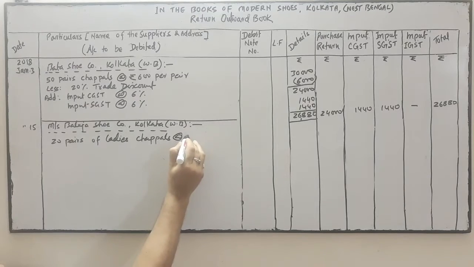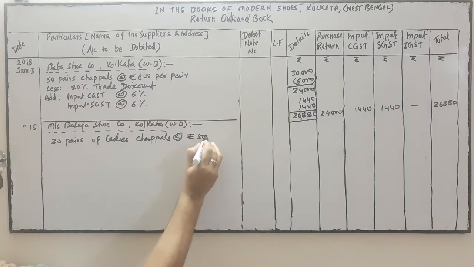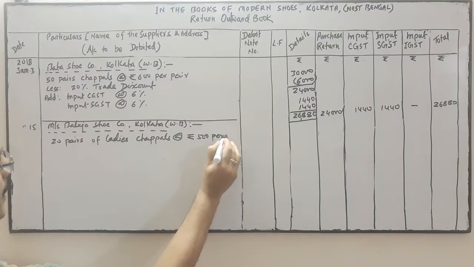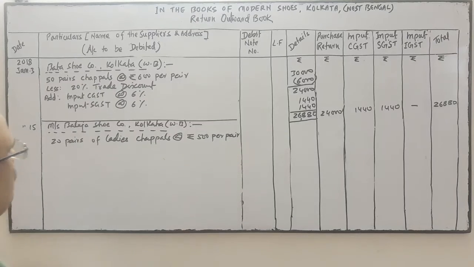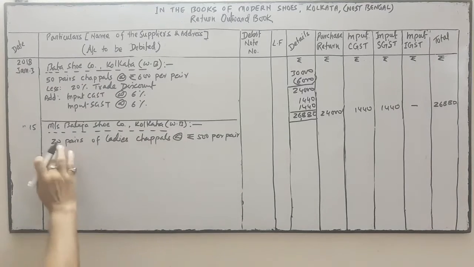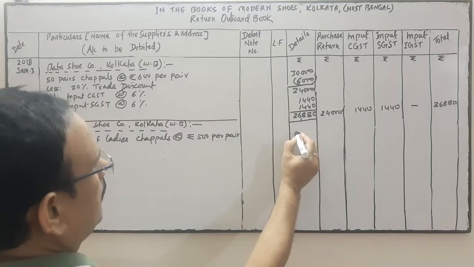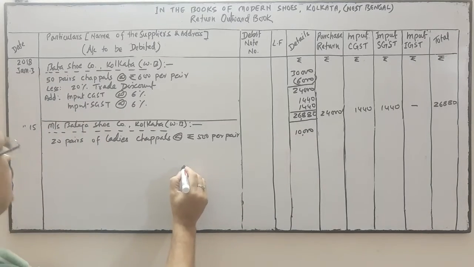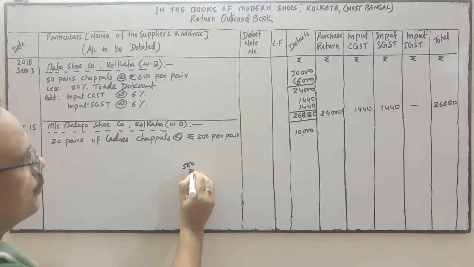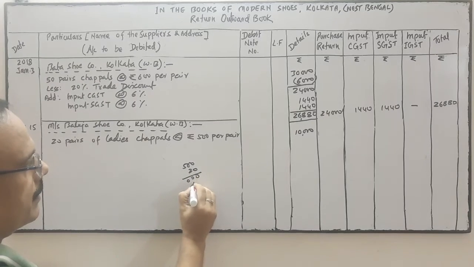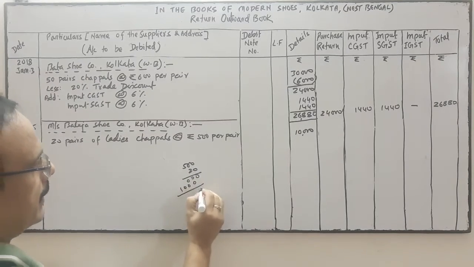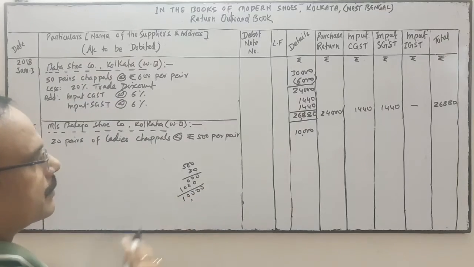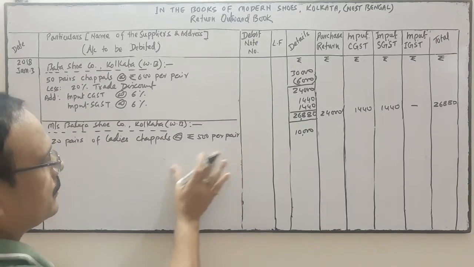At the rate of rupees 500 per pair. So 500 into 20 is 10,000.